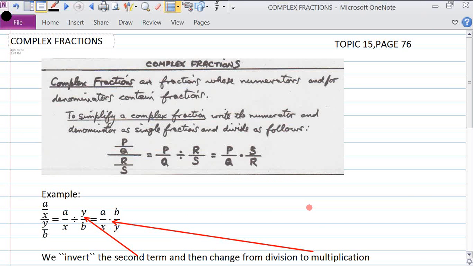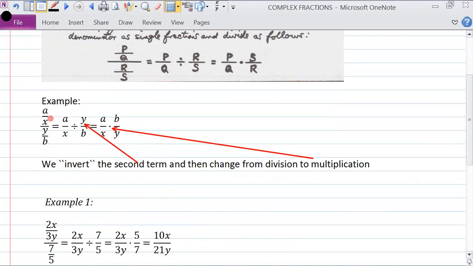Complex fractions. So here we've got a complex fraction, p over q divided by r over s. P over q is the numerator, r over s is the denominator. What you do is you change the division into a multiplication and flip this. You just invert it, so r over s becomes s over r.